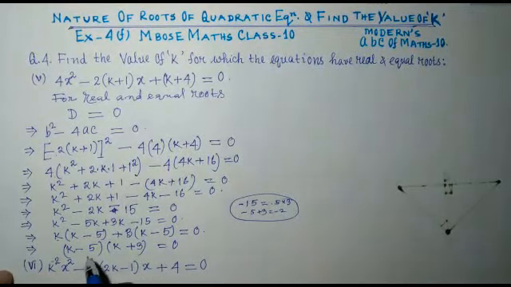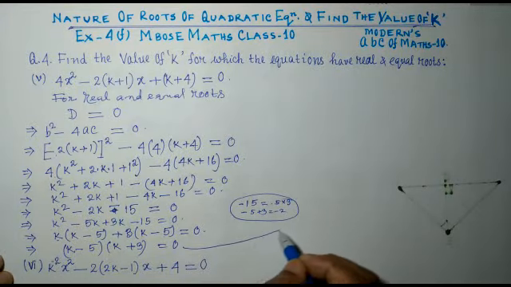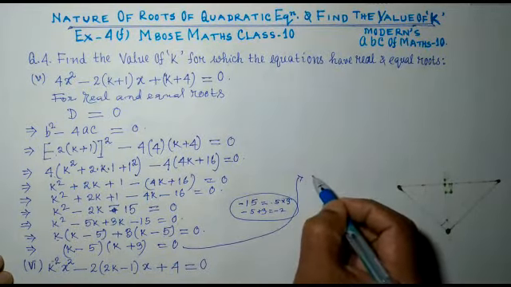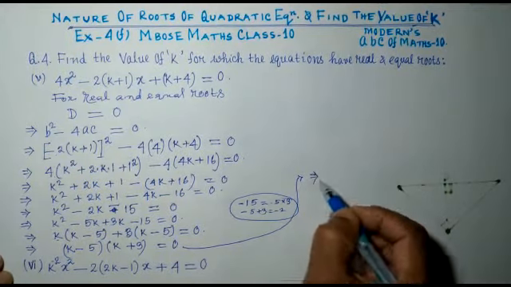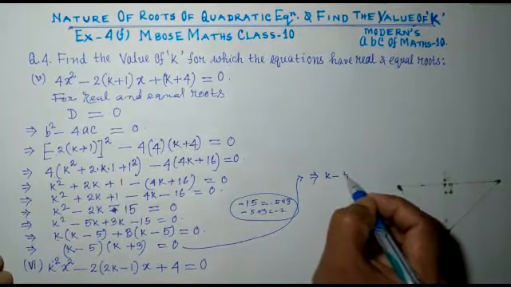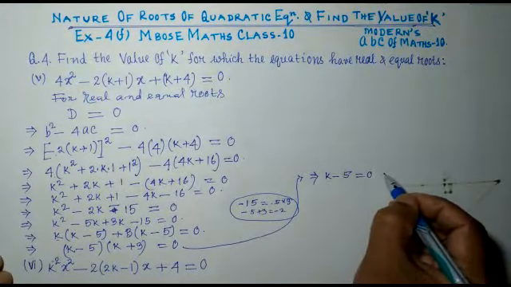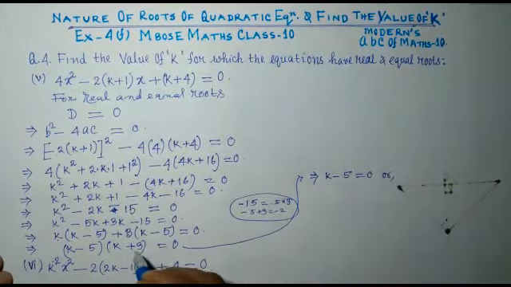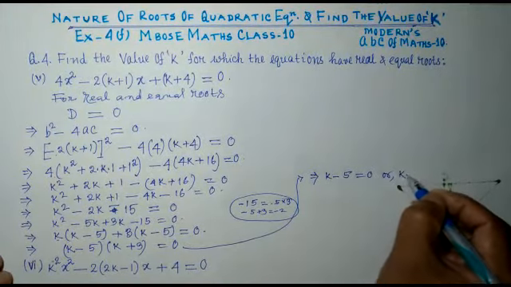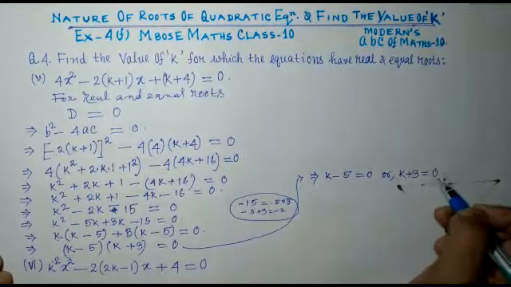And from here you will get the value of k. Either this k minus 5 is equal to 0, or this k plus 3 is equal to 0.